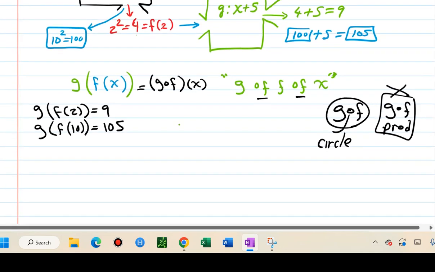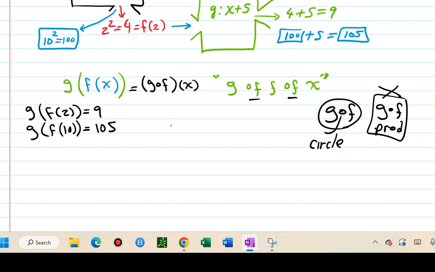Now we could have done this, and this is how we want to do it. Let's keep x general instead of 2, 10, 5, 0, negative 1/2, and so on. Let's see for a general x, what is the final output going to be? Remember, these are the final output once it goes through the composition.